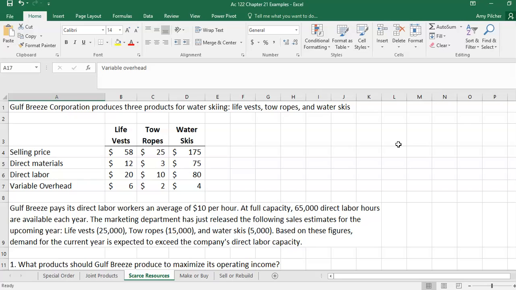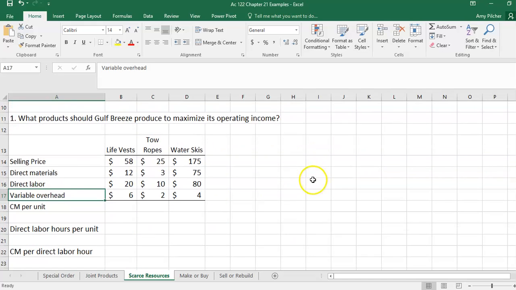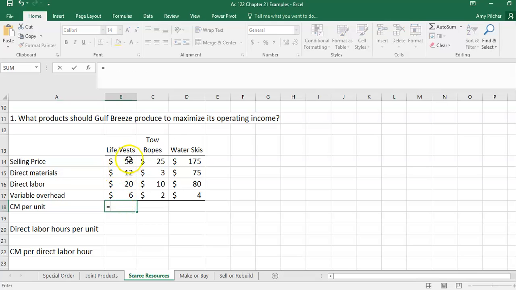And how we do that is we look at the contribution margin per direct labor hour. So we have information about our three products, and we need to figure out what the contribution margin per unit is. So remember, contribution margin is sales minus variable costs.